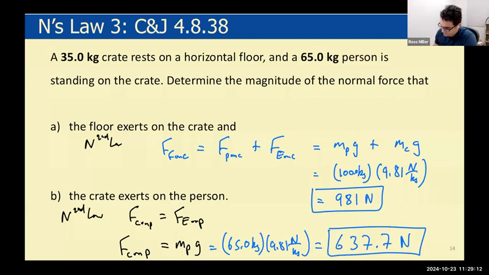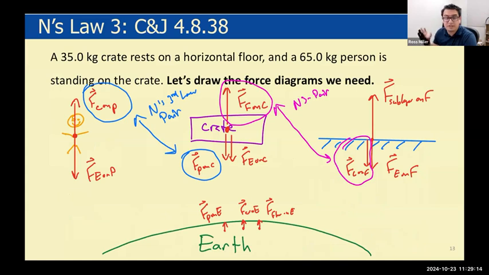And I didn't do all the math, I didn't do all the equations, but I have my diagrams. This guy's a little messy, but the idea is that crate on person is a third law pair with person on crate. Like that's the interaction. These are the two objects interacting, these two forces.